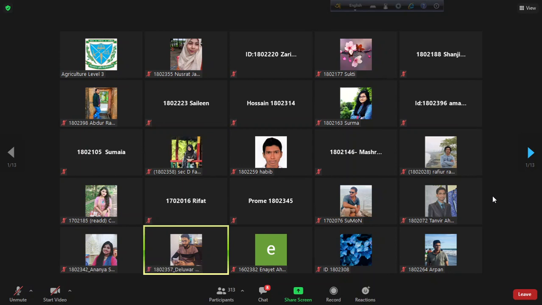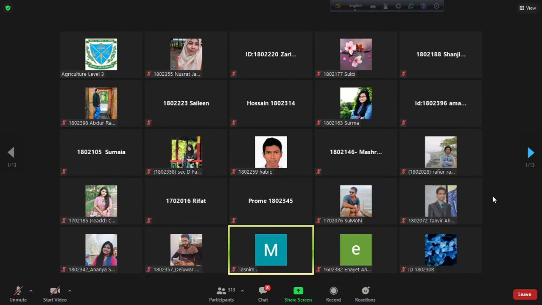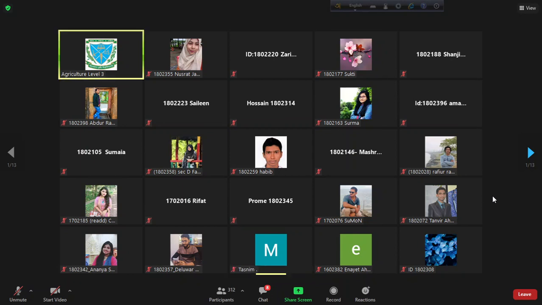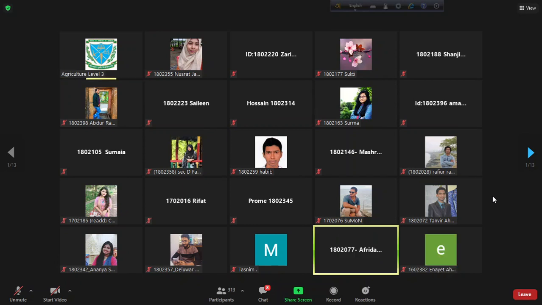Sir, I had a question. Yes, tell me. Sir, you mentioned 8 combinations, and in those, the combination with resistance can be intolerant, sir. When does this happen and how will we understand it? Okay, the resistant plant, when you talk about the resistance, you count the number of pathogen after inoculation. And when you see that this resistant plant is not affected by the presence of pathogen, you have to check the growth of the plant.